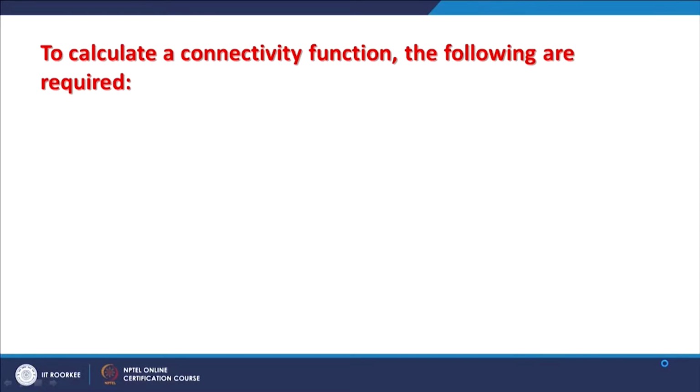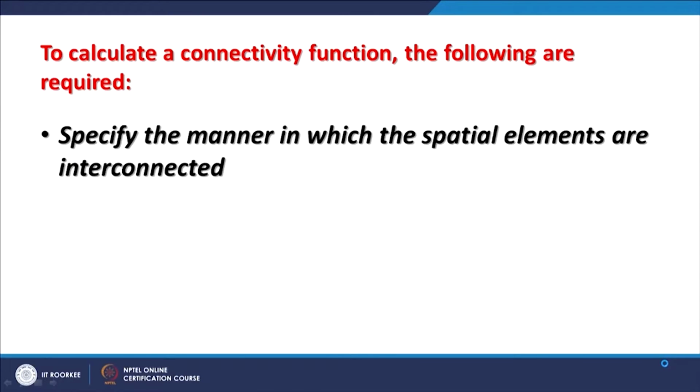So, in order to calculate this connectivity function, what are the requirements, what are the inputs? First, they specify the manner in which the spatial elements are interconnected, because this is based on connectivity, and therefore this interconnected information is very much required among the spatial objects or spatial elements.